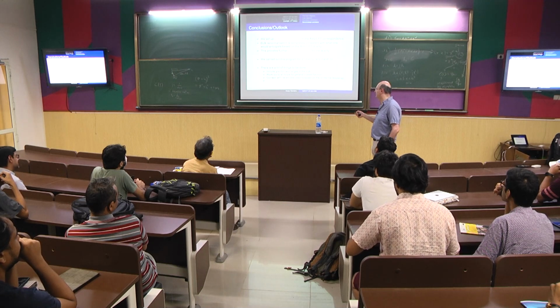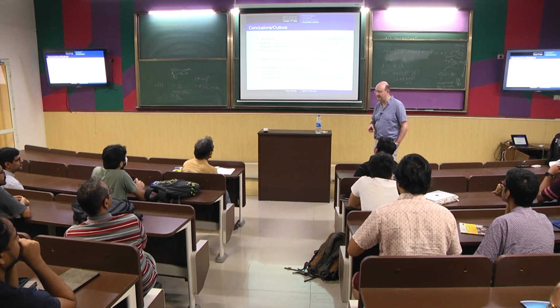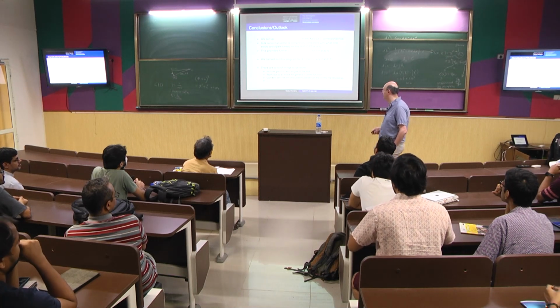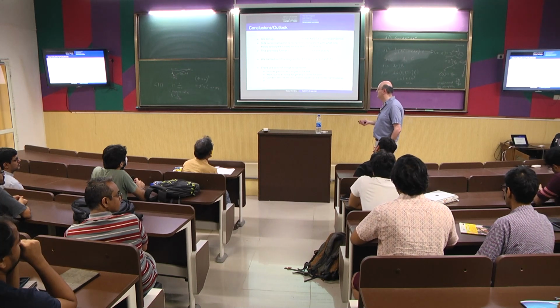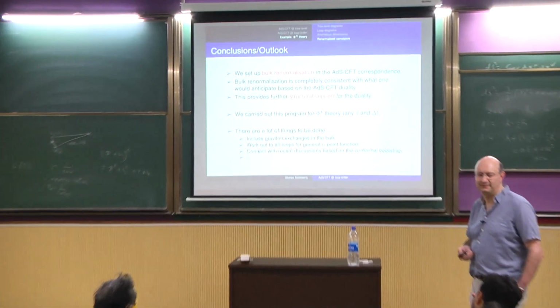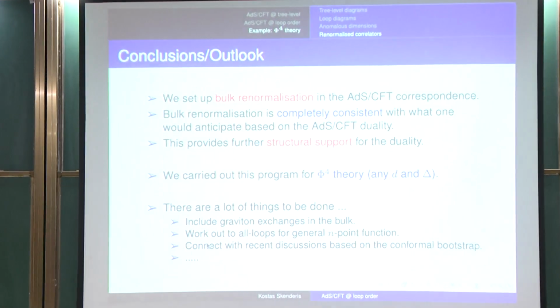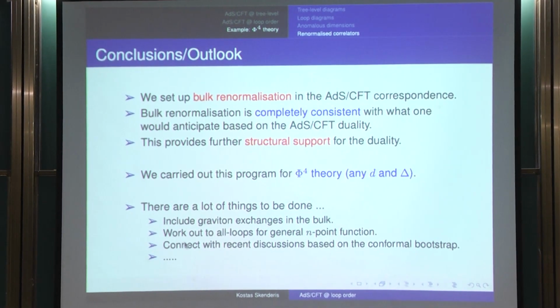Next thing would be to include graviton exchanges in the bulk. That has a number of technicalities which we are sorting out. I think it would be possible, at least in special cases, to work out all loops for general endpoint functions, following special cases of the field theory case.